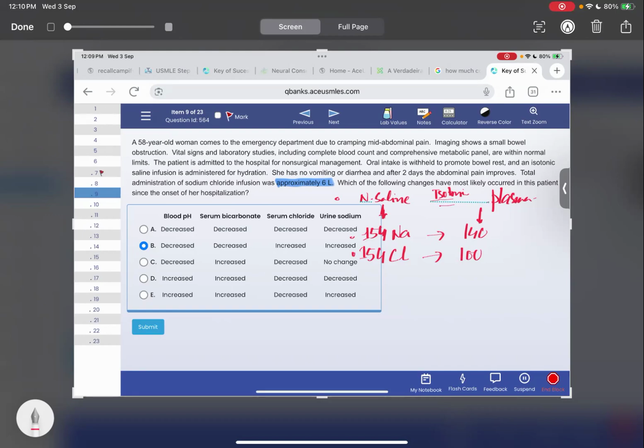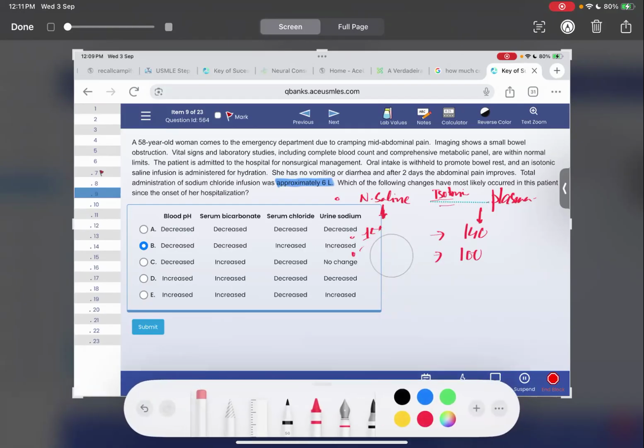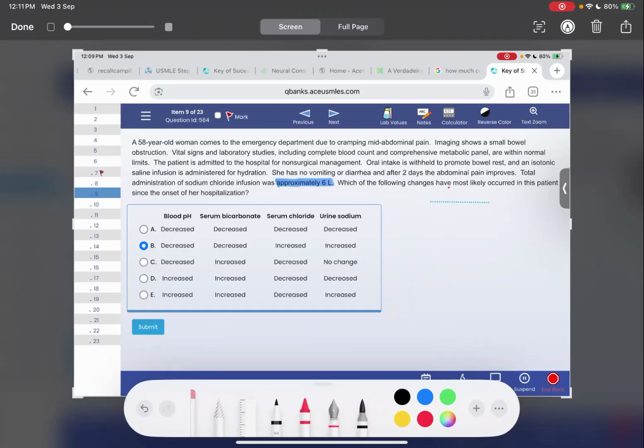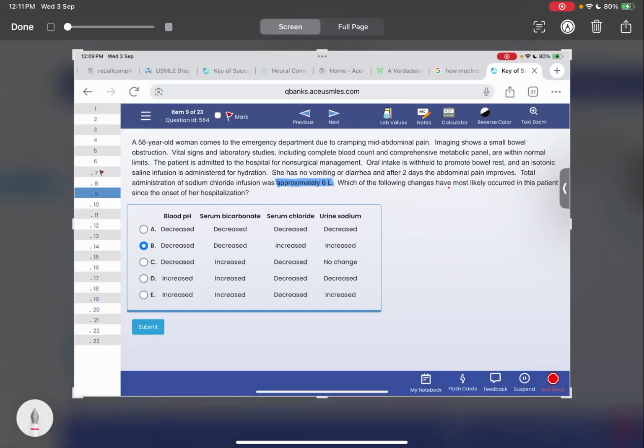So the point I am making is that the solute composition is not the same, although it is isotonic. Getting this or not? So in our question, we are infusing normal saline.